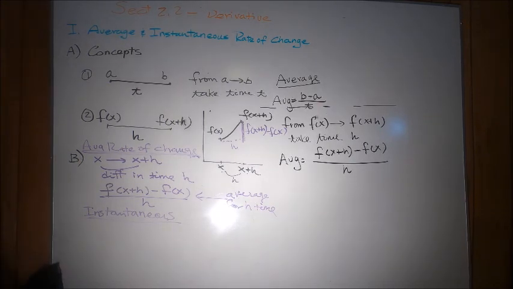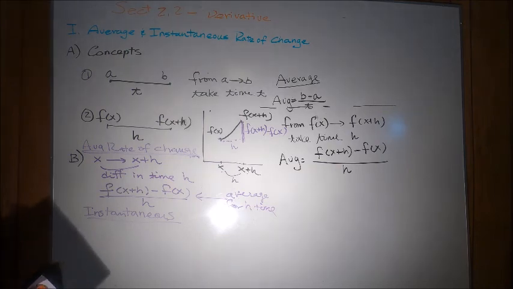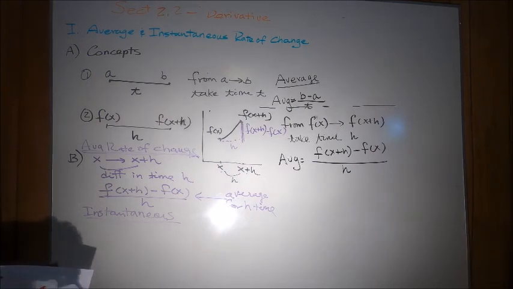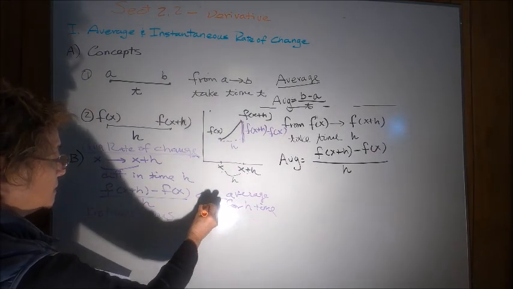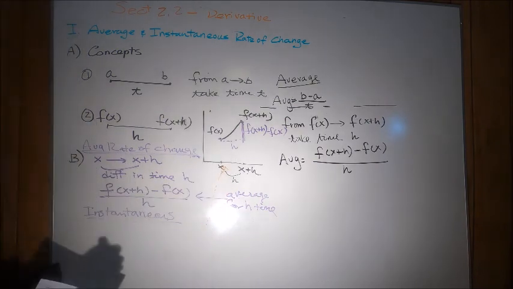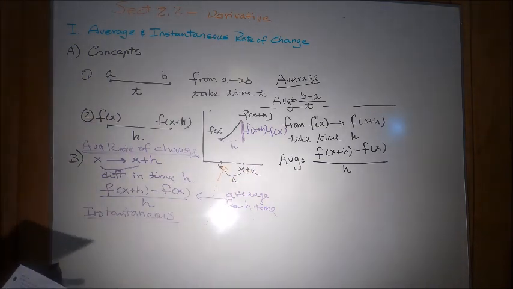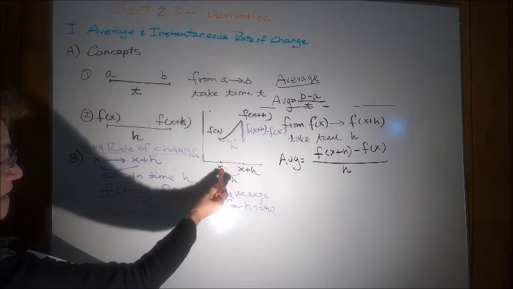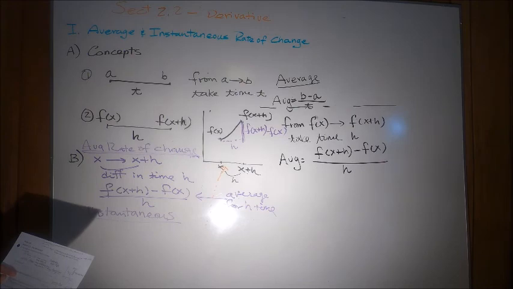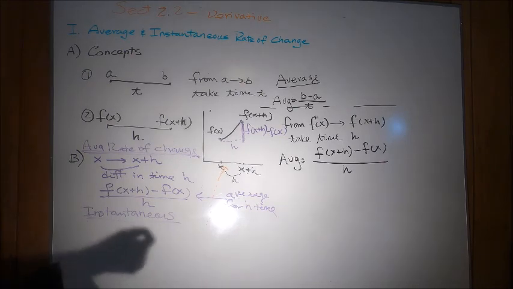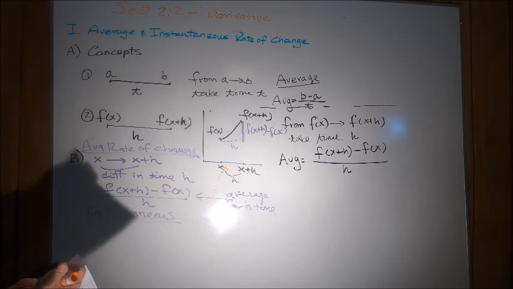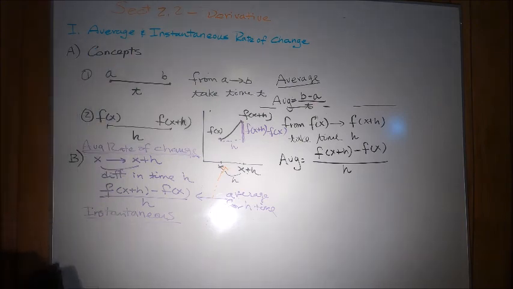If I want to find the instant change at this point, at x, right at that instant, instead of the average over that time, it means you are very close to x, and it happens at that instant, quickly.